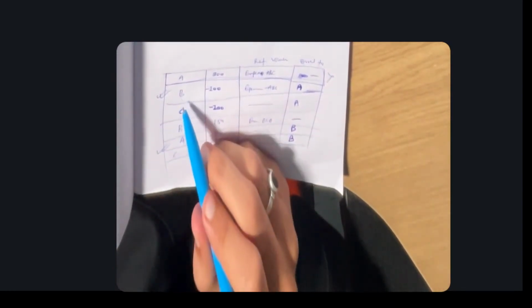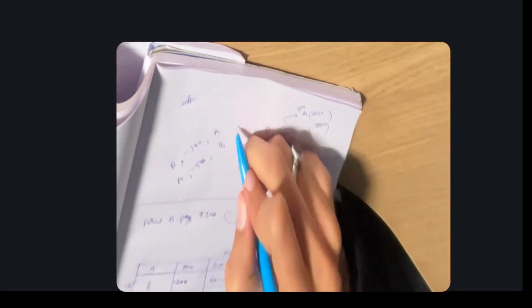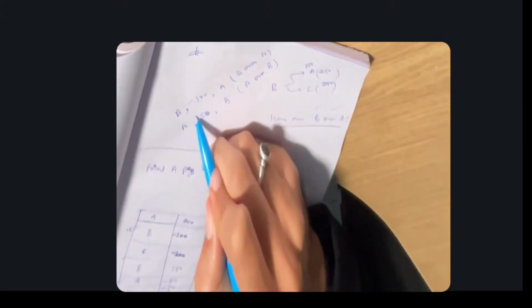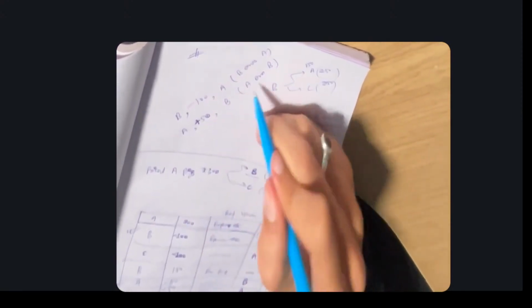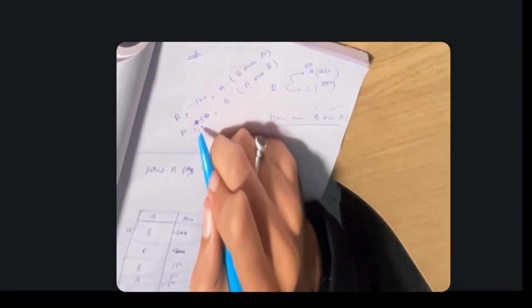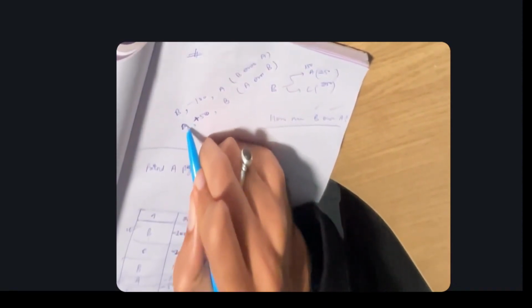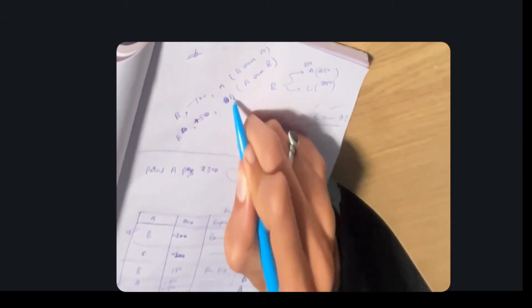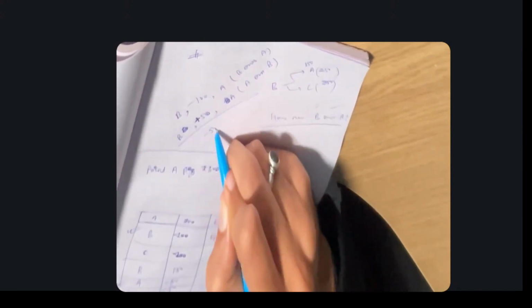So this one was B owed, so B minus 100 A, and then we have A minus 50 B. So this was B owes A, and this is A owes B. So if I flip this, right, and flip this as well and then join, this will be minus 50.